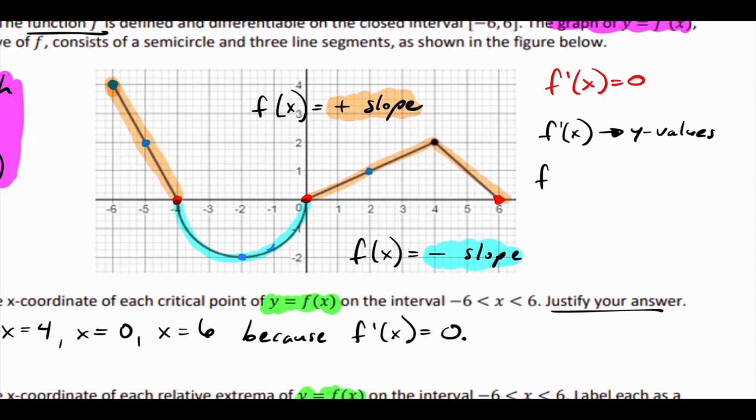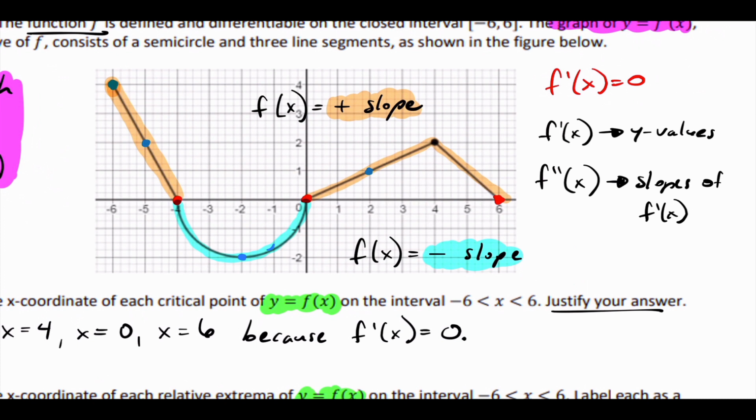So F double prime of x represents the slopes of F prime. So now when I need to talk about F double prime, I'm not going to talk about the y values anymore. I'm going to talk about the slopes because that's F double prime.